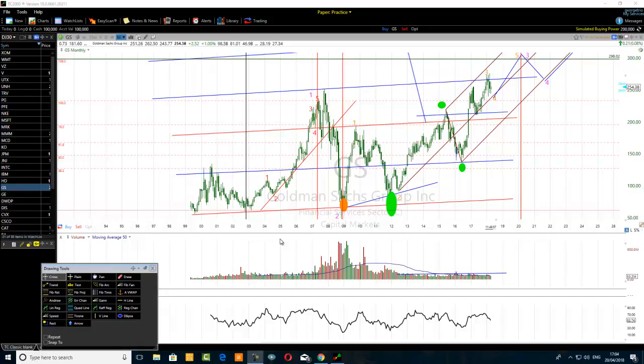Goldman Sachs stock very often will trend up when the market is trending up or is likely to trend up, and it will exhibit a corrective wave when the market itself is also exhibiting a corrective wave.